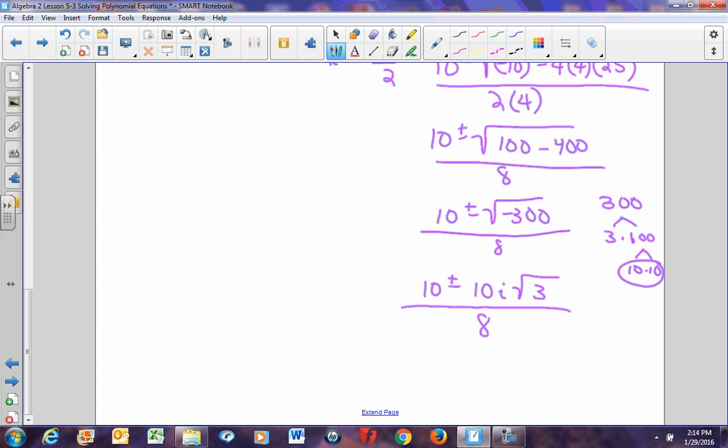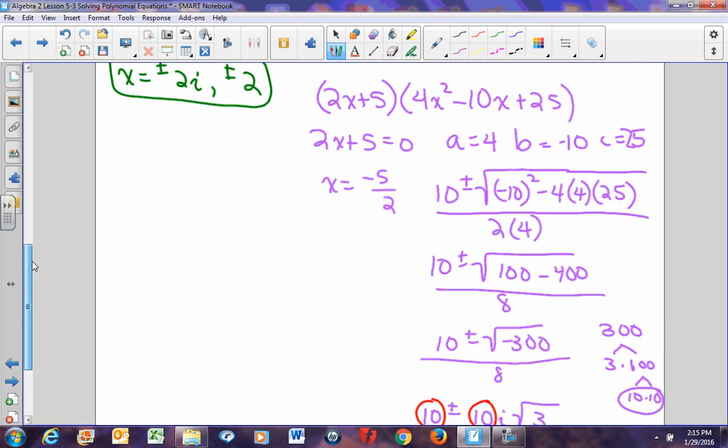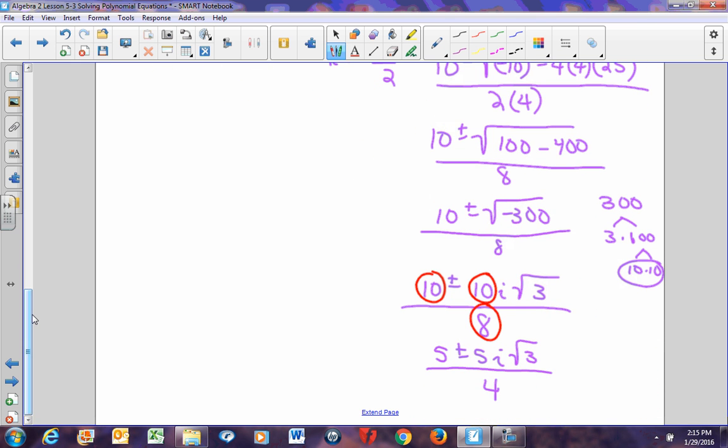But as we can clearly see here, 10, 10, and 8 are all divisible by 2. So now we have 5 plus or minus 5i square root of 3 all over 4. So our solutions to this problem, believe it or not, yeah, that's way, way up there, are negative 5 halves and 5 plus or minus 5i square root of 3 all over 4.